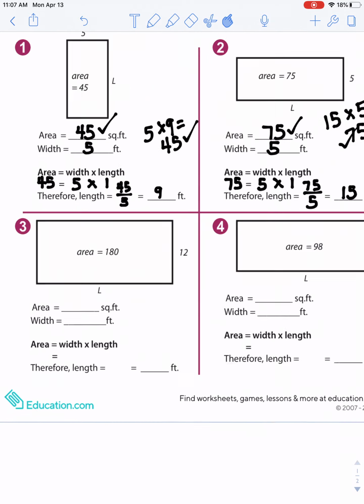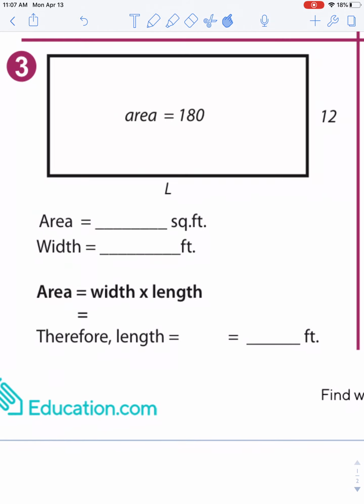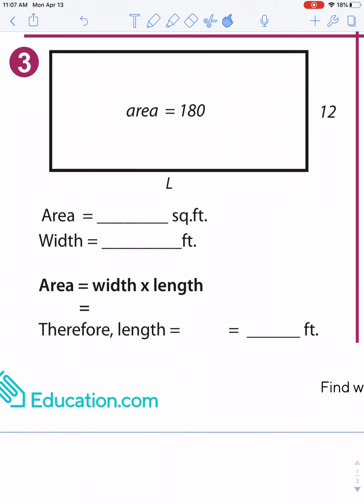Okay, let's move on to number 3. Our numbers are getting a little bit bigger, so let's just make sure that we're checking our work to make sure our multiplication and our division is correct. So our area is 180 square feet. Our width is 12.